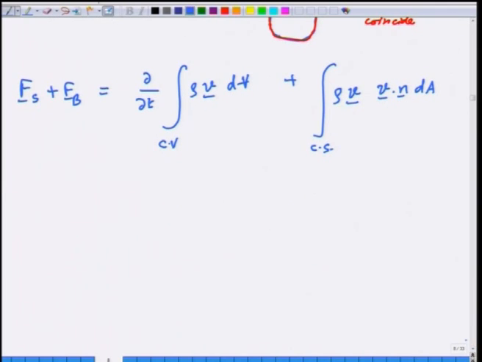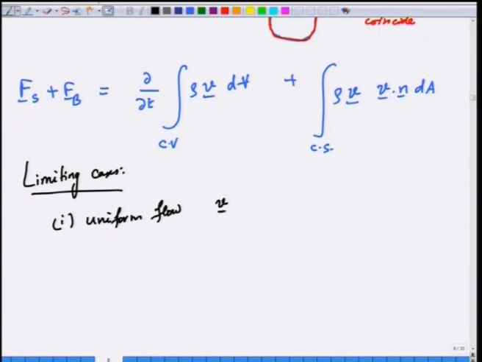Okay. Now, we can simplify to some special cases. Suppose you have limiting cases, like uniform flow. When the flow is uniform, then the V vector is independent of dA, so you can pull it out of the area integral in the surface term.